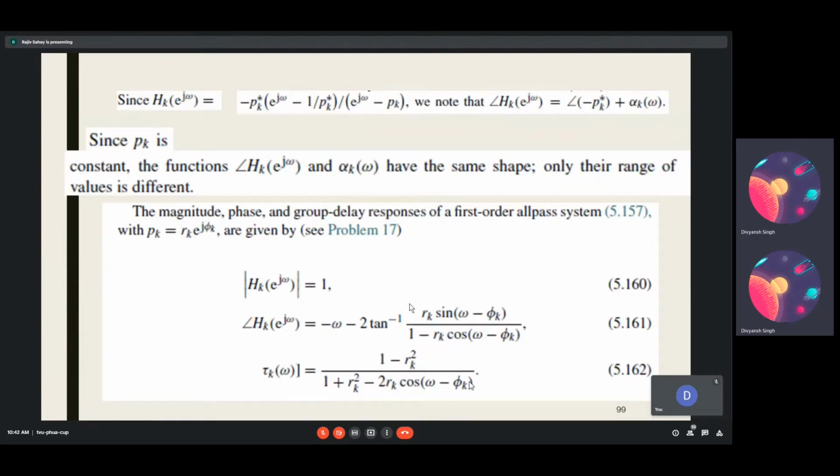Once you're ready, let me know. Once you have made a note of these three formulas, we'll move ahead. Everyone done? Shall I go ahead?